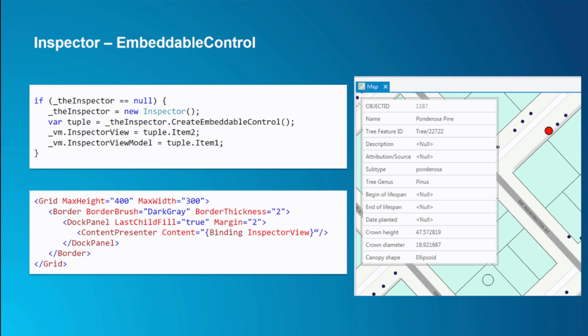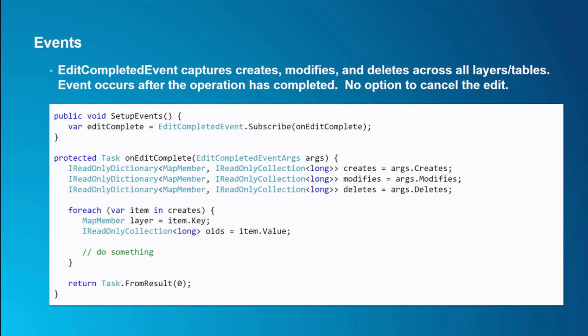Now, there's one more thing before we actually do take a look at the code itself and the events. I think we can keep this fairly brief. Narelle has mentioned, I think, most of the contents that I would like to emphasize here. So the edit completed event is the catch-all kind of thing. You do subscribe to it. Usually you do that in your tool constructor or in your module constructor, and then you're being notified of all the edit operations that are happening within the application.